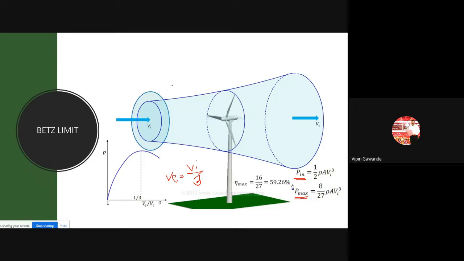So here we will find the maximum efficiency. Maximum efficiency is equal to P max divided by P in, that is the output power divided by the input power.